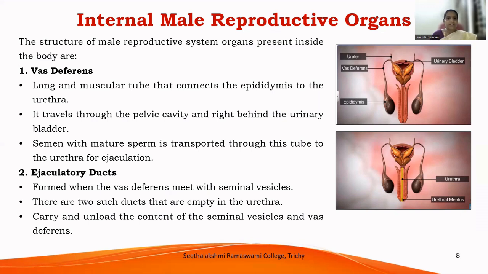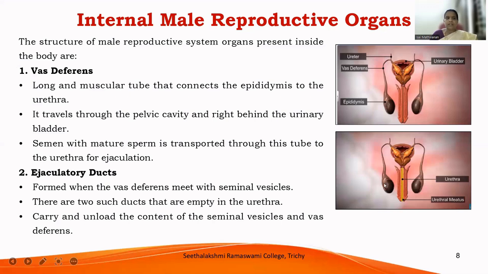The first one is the vas deferens. The vas deferens is a long tubular structure that connects the epididymis to the urethra. It travels through the pelvic cavity, right behind the urinary bladder. Here, semen with the mature sperm is transported through this tube to the urethra for ejaculation.